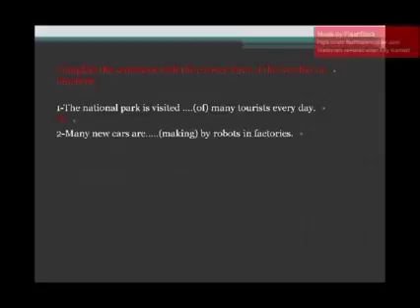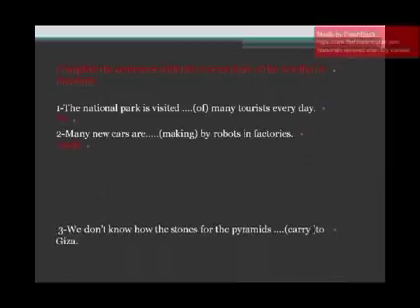Number 2, many new cars are making by robots in factories. Here we have the verb to be are, so it should be followed by the past participle of the verb make, which is made.